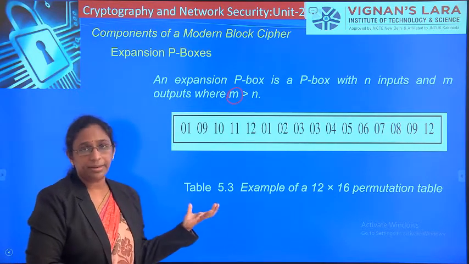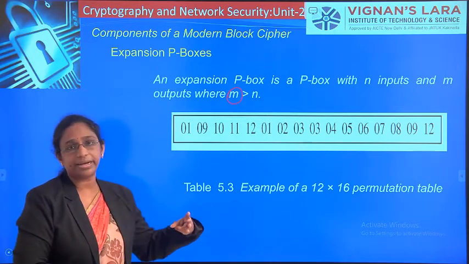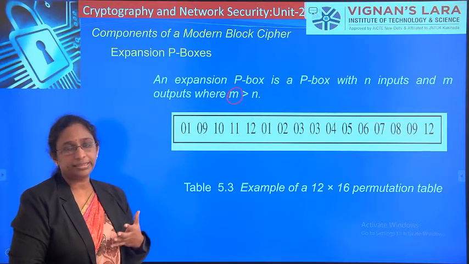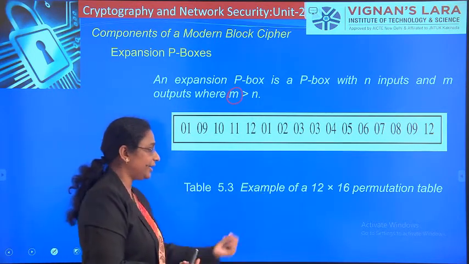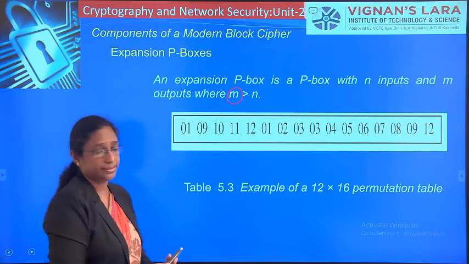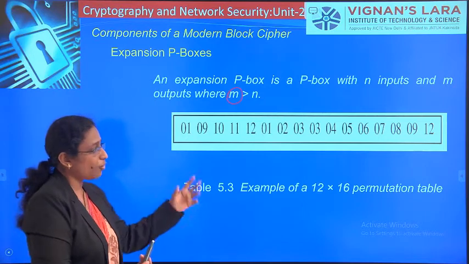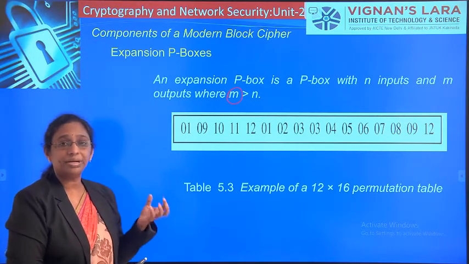As in the example we said, if you give 3 bits, you get 5 bits as output. Similarly here, as an input you give 12 bits, and as an output you get 16 bits, where some bits will be repeated.